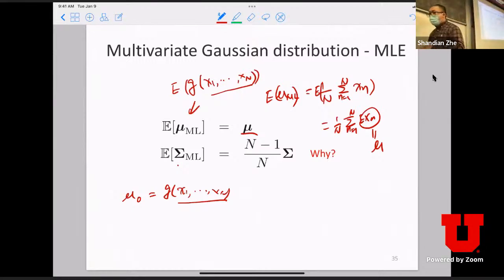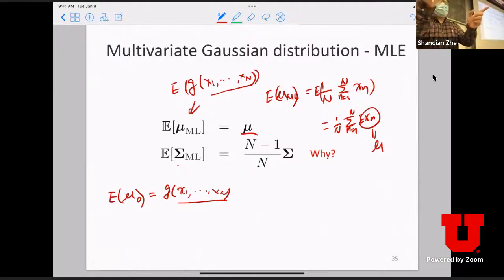One measurement is to look at whether, if you take the expectation of your estimate, it is still the same as the ground truth. If it is the same as the ground truth, then we call this estimate an unbiased estimate. Why? Because although it's random, after I collect one bunch of data I get this estimate, after I collect another bunch I get another estimate.